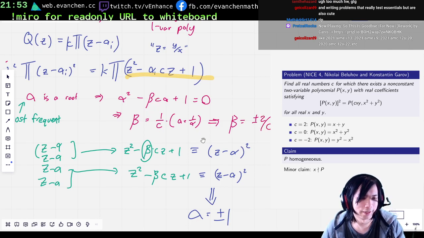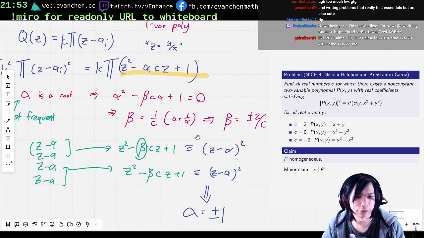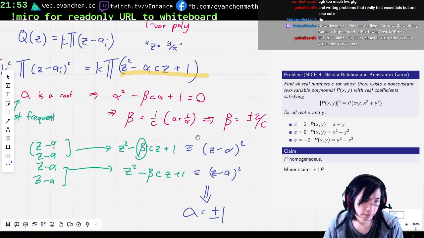However, if you put these two together, you start seeing something. I proved that I picked any alpha with maximal multiplicity, like appeared as many times as possible, and I found that it's plus or minus 1. This beta is also a maximal root.